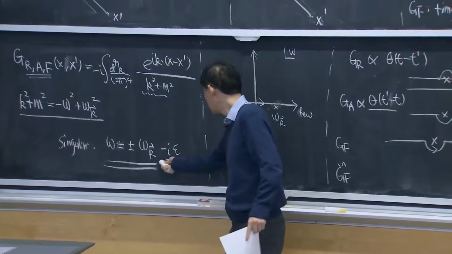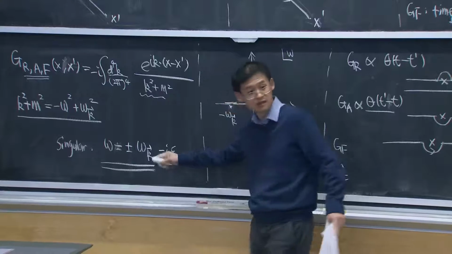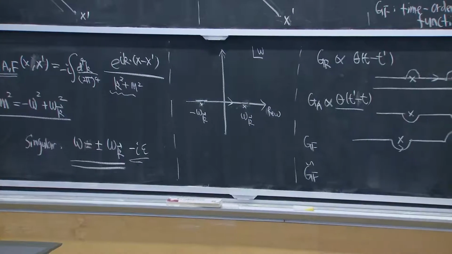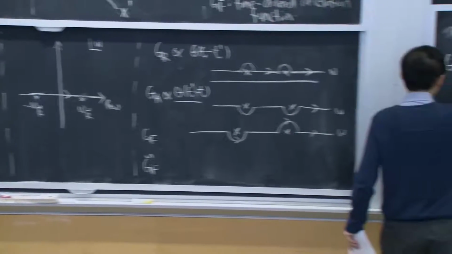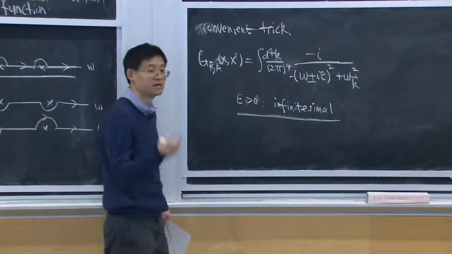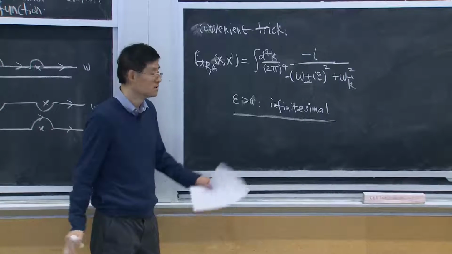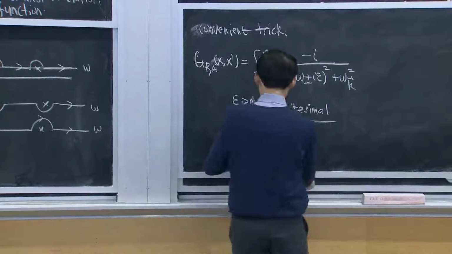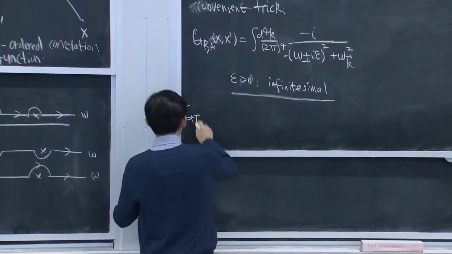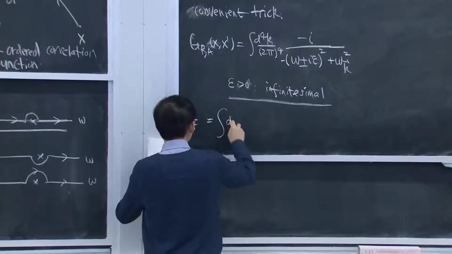Because epsilon is positive, this is slightly in the lower half plane. And similarly for the advanced, you just flip the sign, and then both singularities will move up. And for the Feynman, the trick is you can do the same thing.